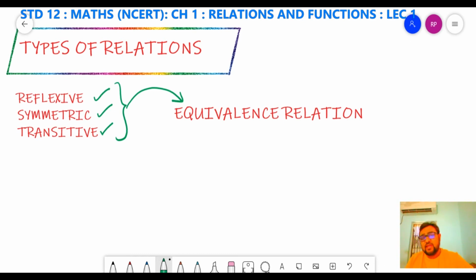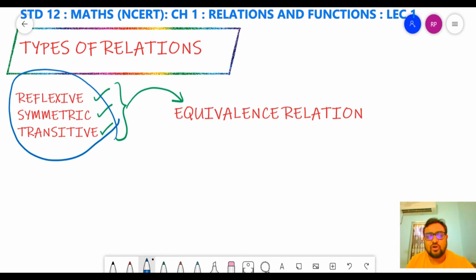So if any one of these three is not true, then the relation will not be equivalent. Means if it is symmetric and transitive but not reflexive, then also it will not be an equivalence relation. Okay, so I hope you got it about the types of relations.